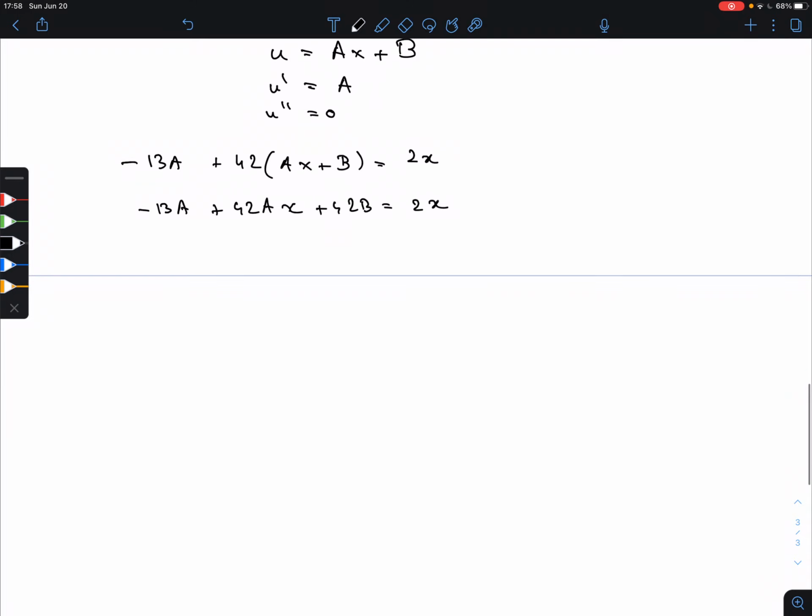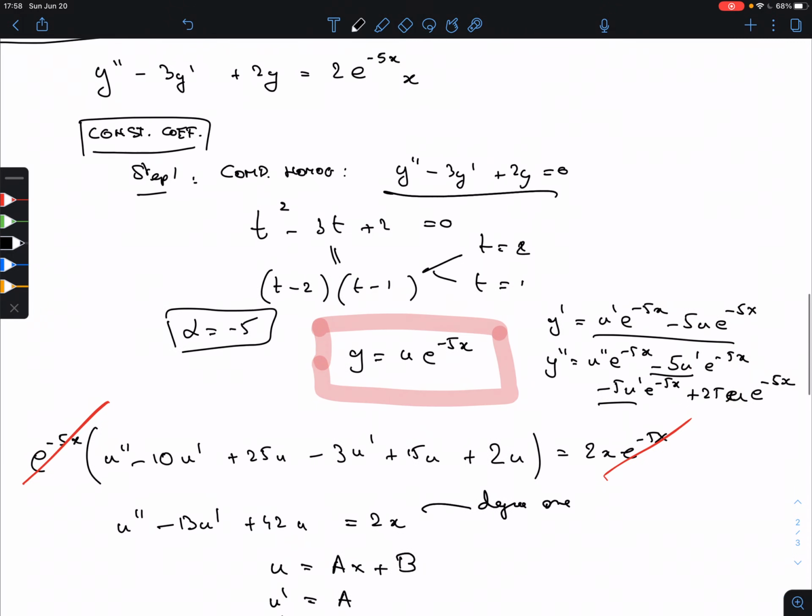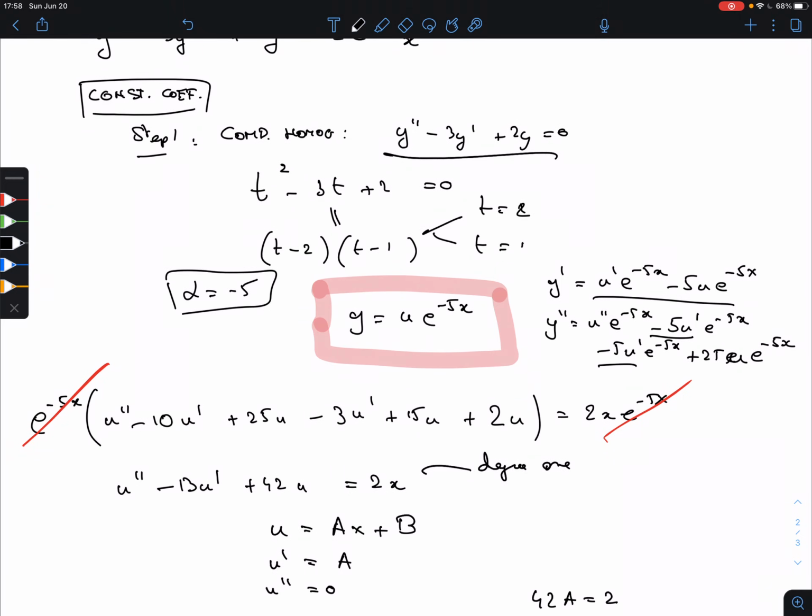So what does that mean? Well, that means that these two coefficients are the same, so 42a is equal to 2, and also that minus 13a plus 42b is equal to 0. Now, I might not have worked this out in detail, so I don't know whether my numbers are supposed to be like this or not. Just making sure.